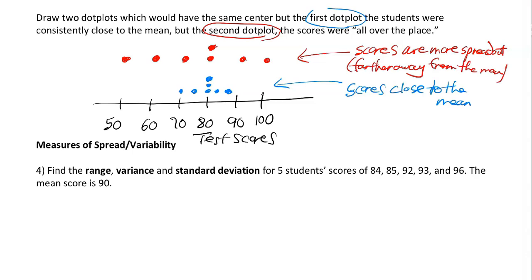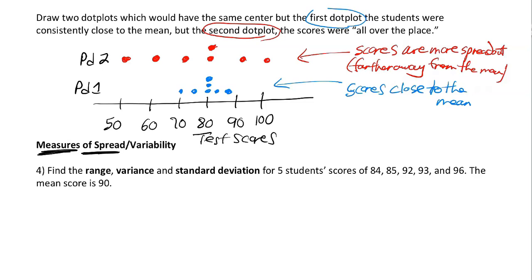So we would like to talk about a statistic, a measure of spread or a measure of variability, because if I just told you that this is my period 1 class and this is my period 2 class, and both classes had the same average on the test, you might think that they performed similarly on the test.